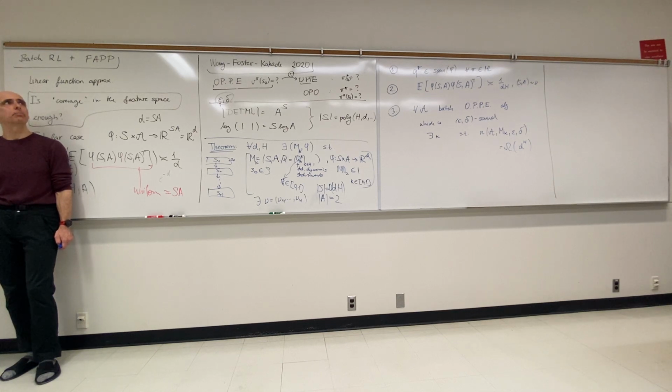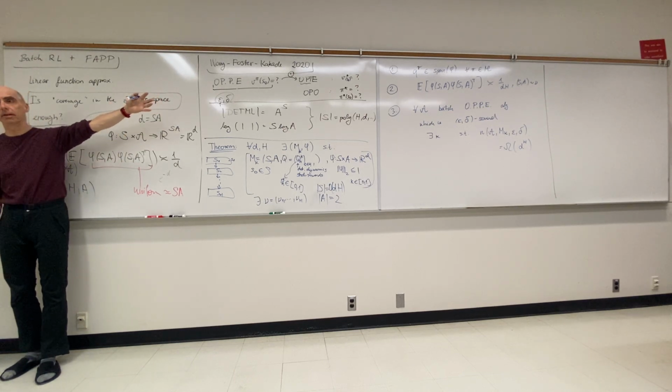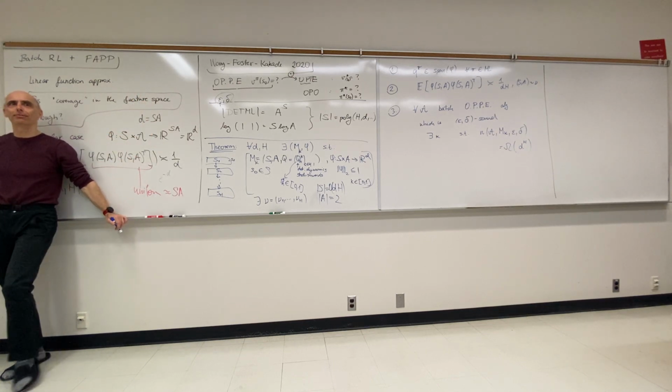So Magdi has a paper. But of course the conditions are naturally somewhat stronger than here because these conditions are just not enough. So you have to have something more. If you have linear MDP, for example, and realizability and whatnot, then I think you're good.